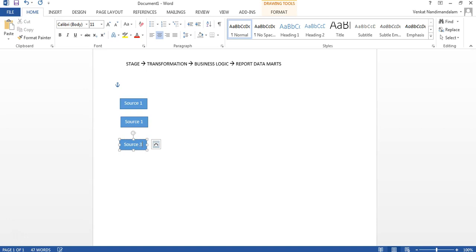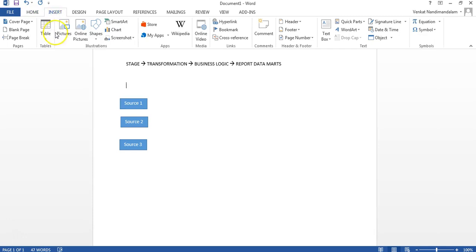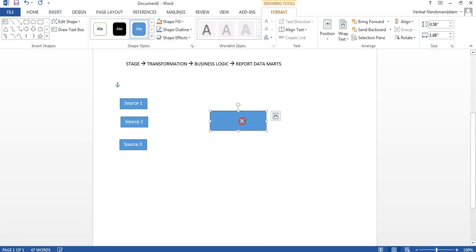So you have got source 1, source 2 and source 3. And then you bring data into your data warehousing application. So data warehousing application in the sense, when you are bringing data, you need to have a database where you can store all that data. So you have got your database.